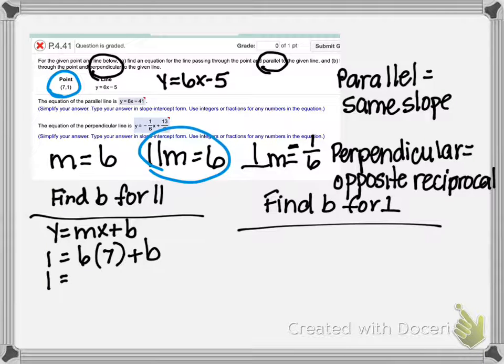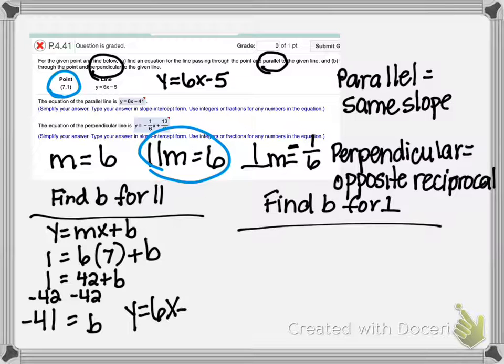So we now have 1 equals 6 times 7, and that's going to give me 42 plus b. We're going to subtract that 42 and solve for b, and we now have b equals negative 41. So my parallel line has a slope of 6, because it should be the same, minus the y-intercept of 41. So that's the parallel equation.